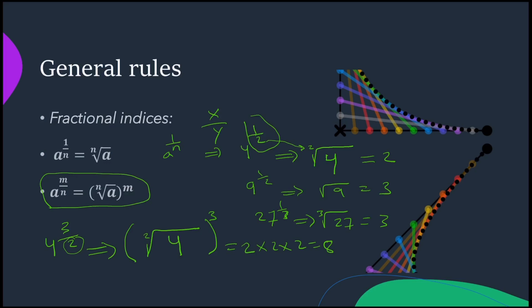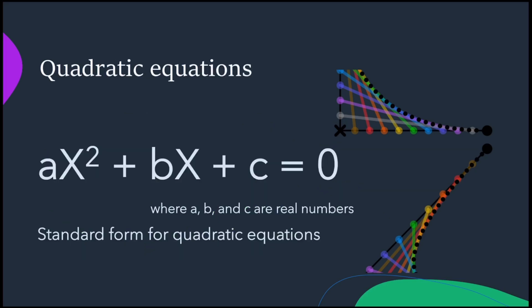Now we're going to look at more examples, because we're going to link it to quadratic equations. So we understand now the rules of powers and exponentials. Now we're going to use those to some extent in quadratic equations. A quadratic equation has this form.